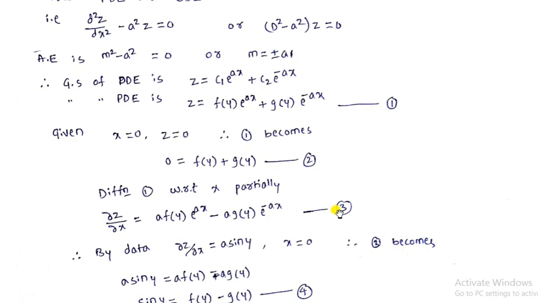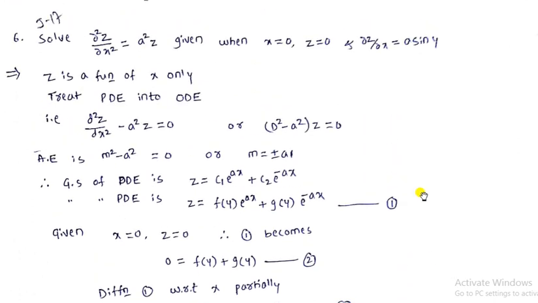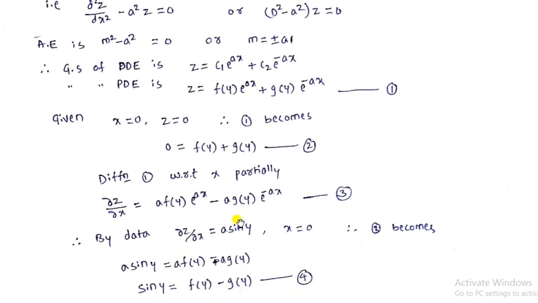Say equation number 3. Now using the second condition, ∂z/∂x = a sin y when x = 0, in the third equation.